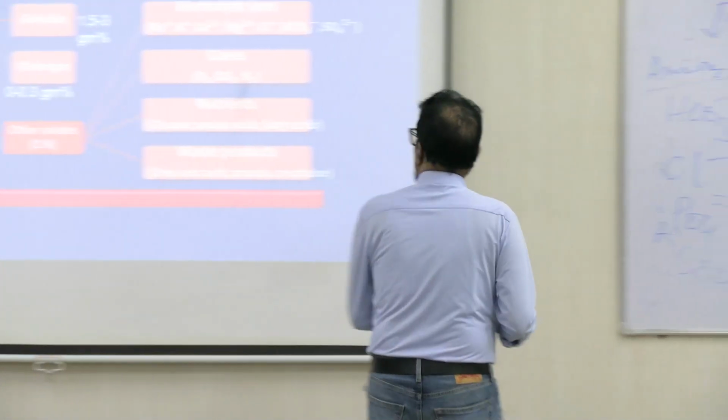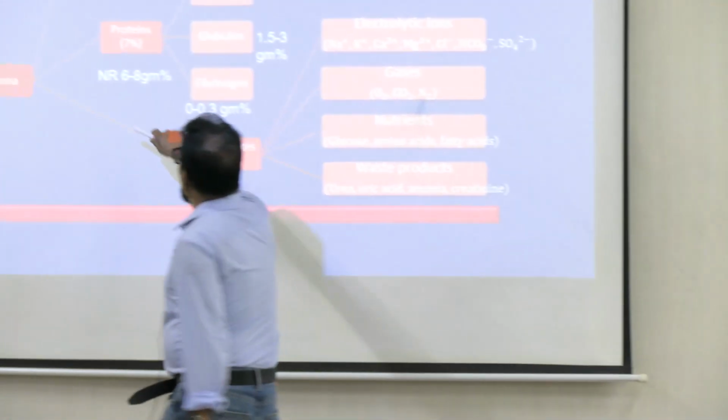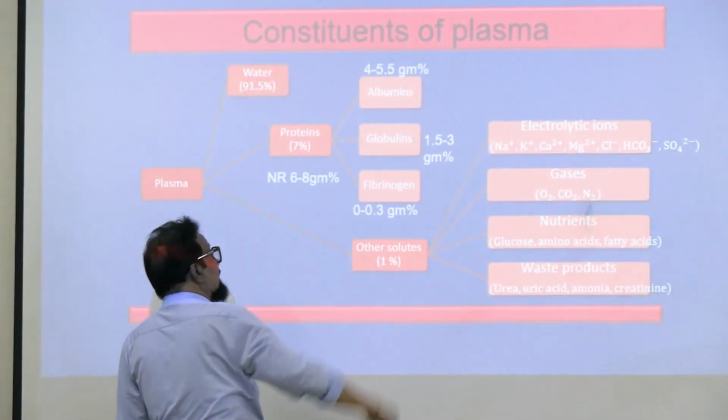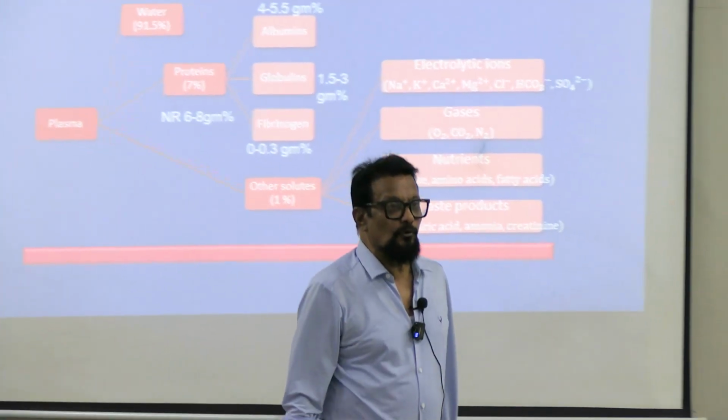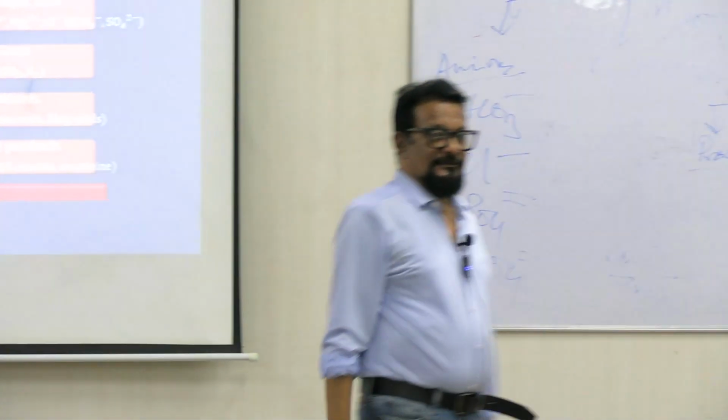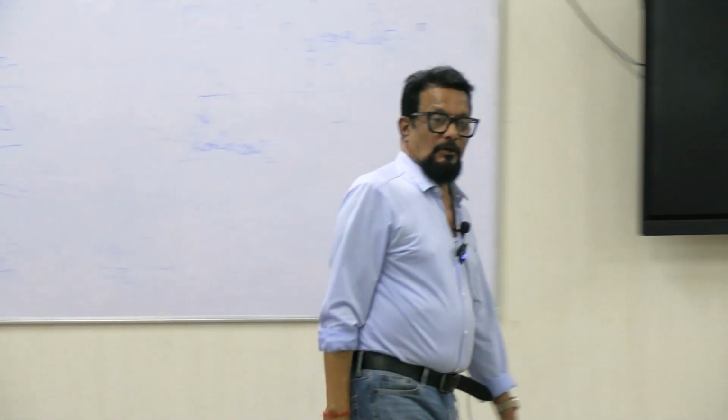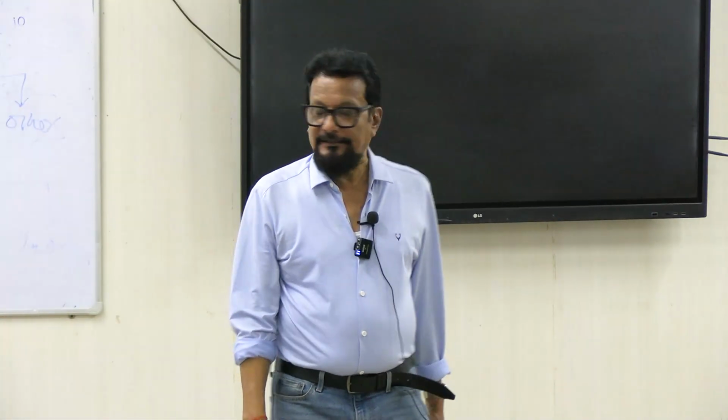So, these proteins are of 3 types. In some books you will find 4 types. What are these? Albumin, globulin, fibrinogen.